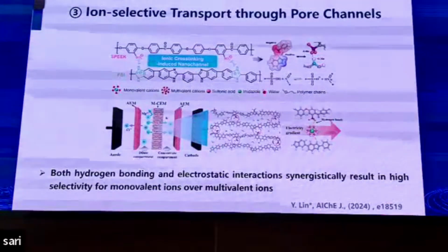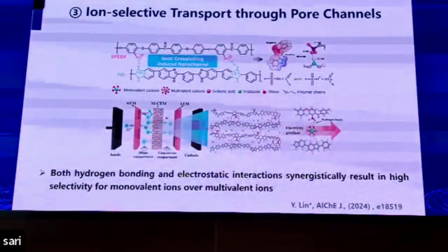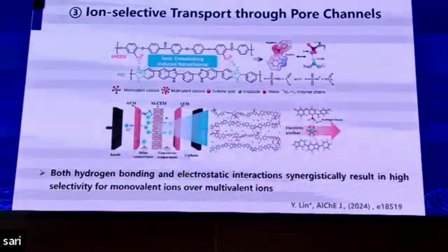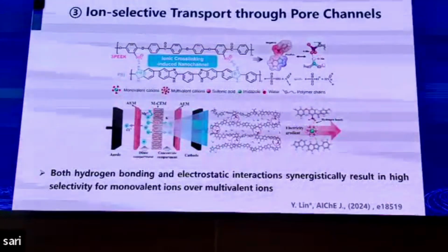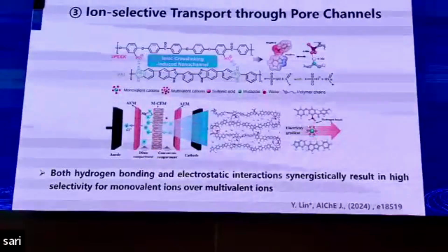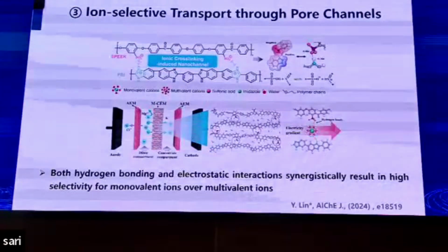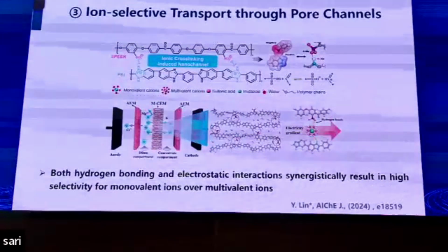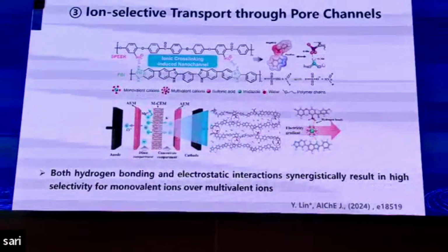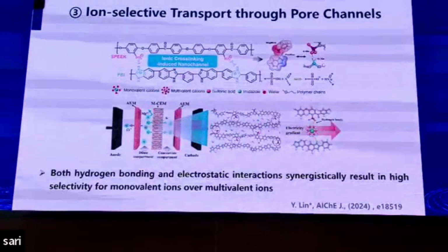But if we introduce more highly hydrophilic functional groups inside, perhaps these groups with high polarity will grab the water molecules. Because water molecules are a coat of the ions, when we grab their coats, the ions will be retarded, and then the separation can be achieved.